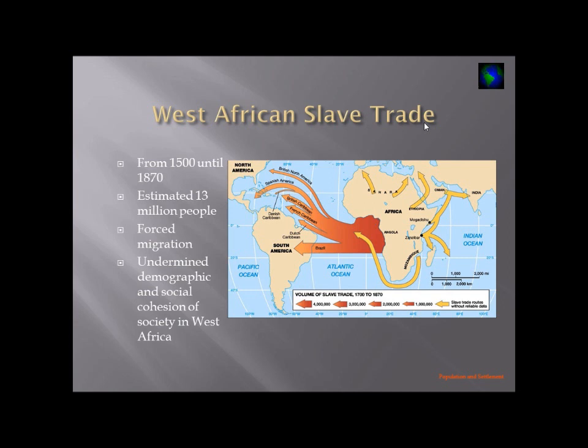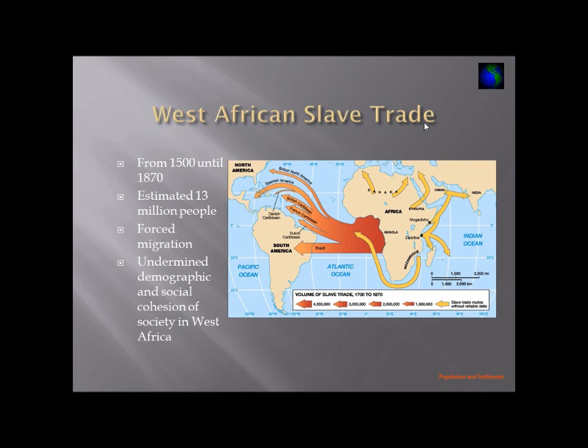This is a slide that shows West African slave trade. This is forced migration from 1500 until 1870. There were an estimated 13 million people that were moved from West Africa into the New World. It undermines the demographic and social cohesion of society in West Africa for a long period of time.